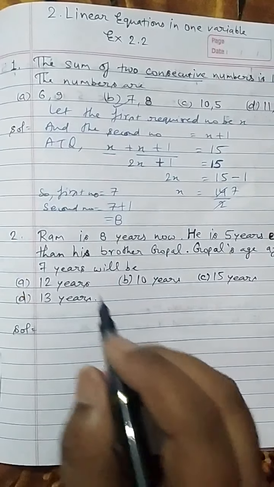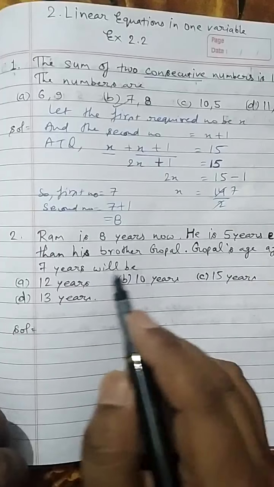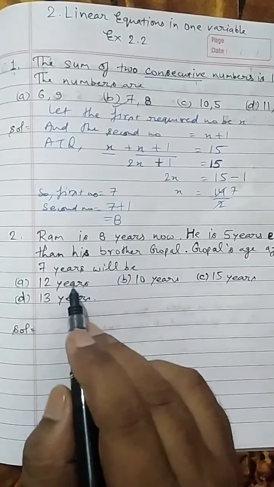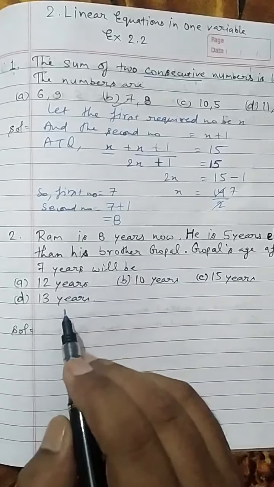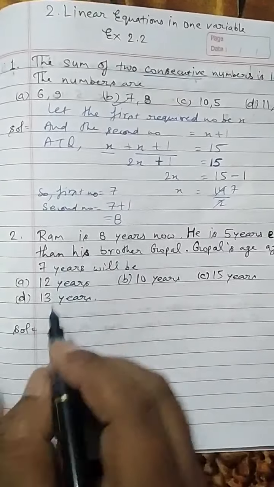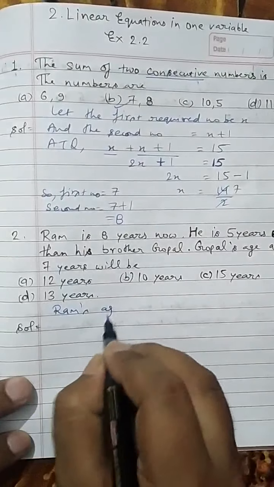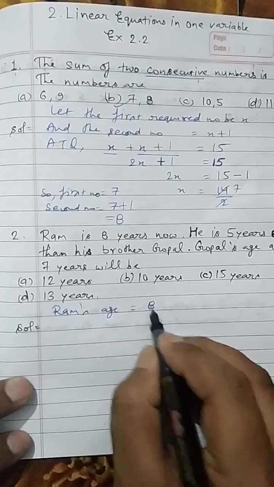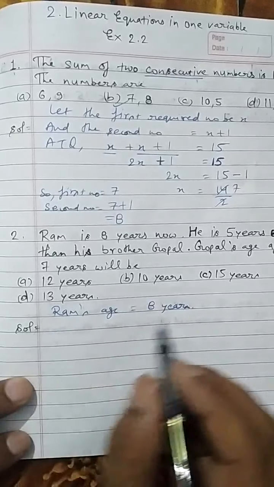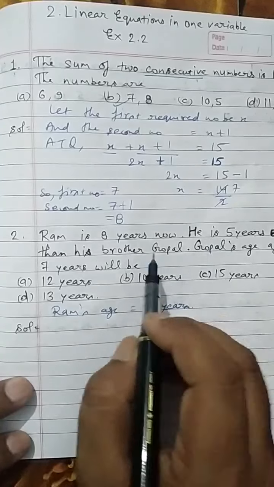Second is, Ram is 8 years now. He is 5 years elder than his brother Gopal. Gopal's age after 7 years will be. So we have to solve it. First, Ram's age is given, eight years. And Gopal's age is not given.